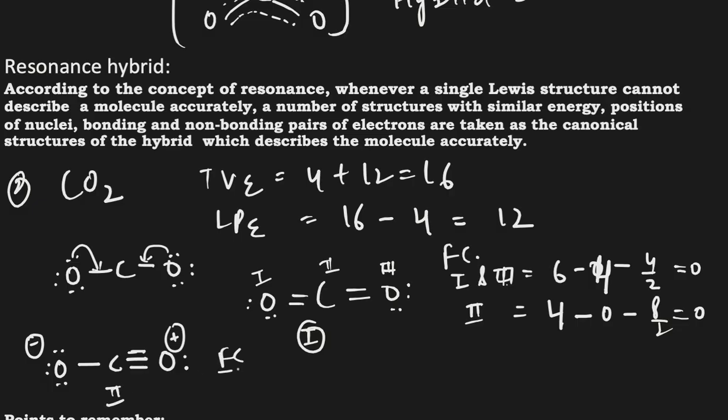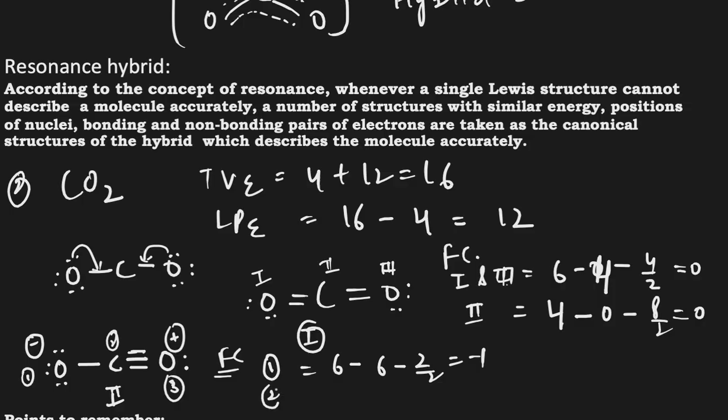Formal charges in this particular case, this is first oxygen. Let's just write 1, 2, 3. This is second oxygen, and this is second carbon, and this is third oxygen. So in case of first oxygen, the formal charge would be 6 minus 2 by 2. This is minus 1.